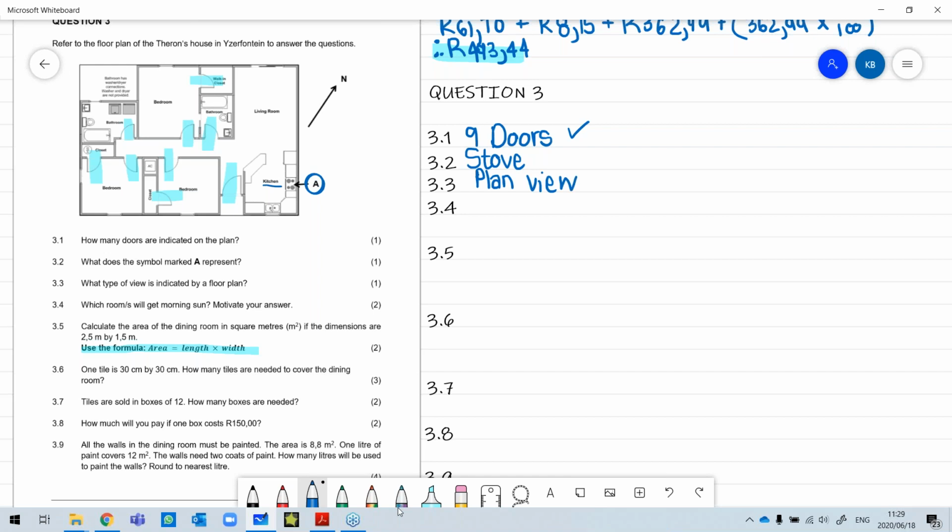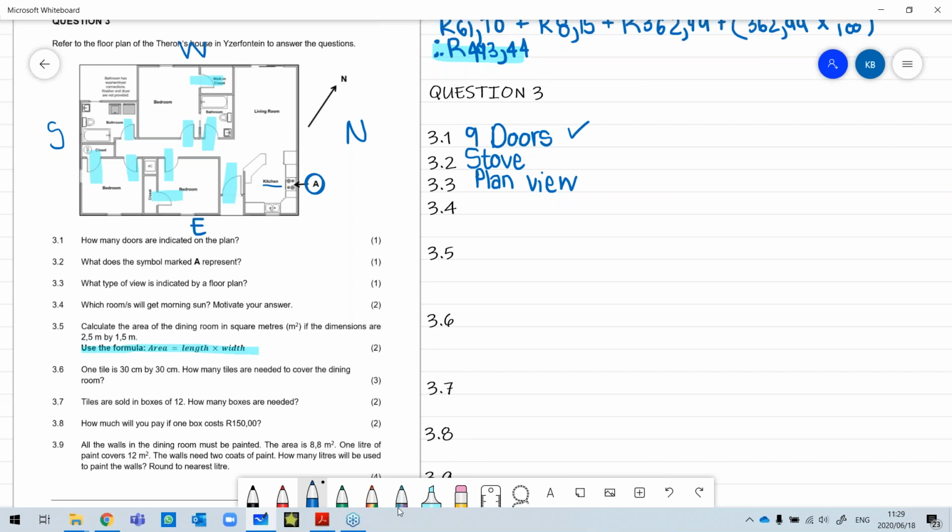Question 3.4, which rooms will get morning sun? Now, this is a piece of general knowledge. Some of you might know this, some of you might not. So if this is the north of the house, this is going to be the south end of the house. This will be the west end of the house, and this will be the east side of the house.